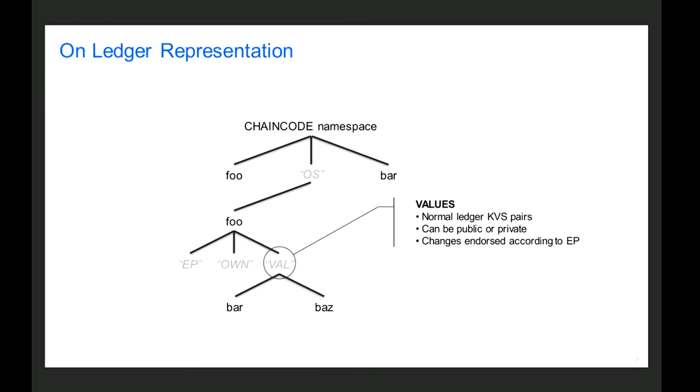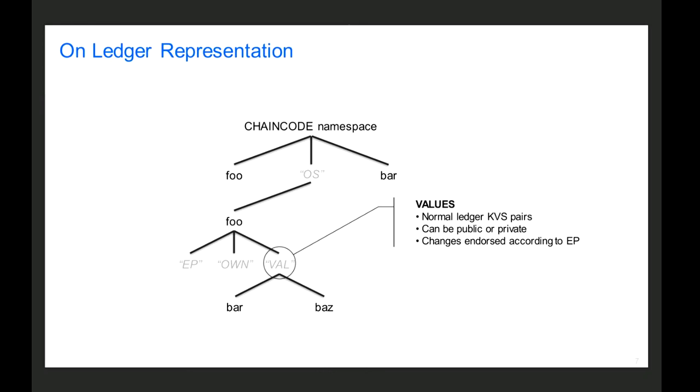And then the third thing that we have are the values of an ownable state. Here we have normal ledger key value store pairs. They again can be public or private. Changes to the values of an ownable state need to be endorsed according to the endorsement policy to be valid. In this case, we have two values in this ownable state foo, foo.bar and foo.bars.